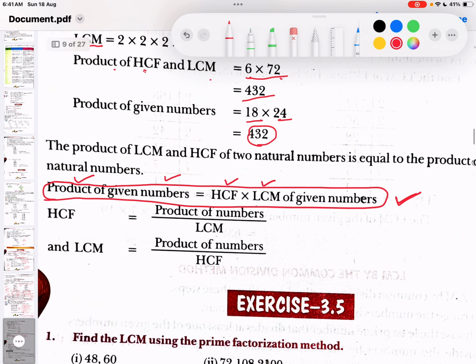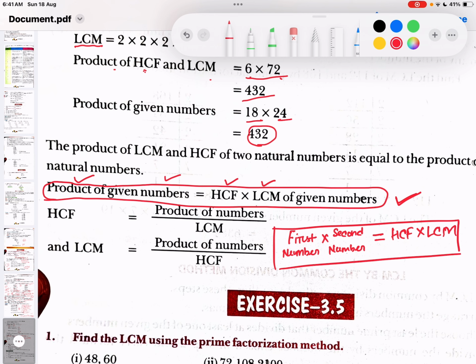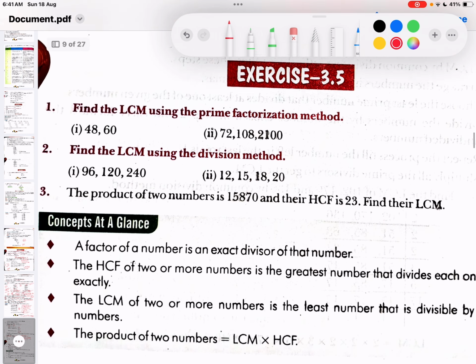More precisely, you can write this formula in such a way: first number into second number is equal to HCF into LCM.